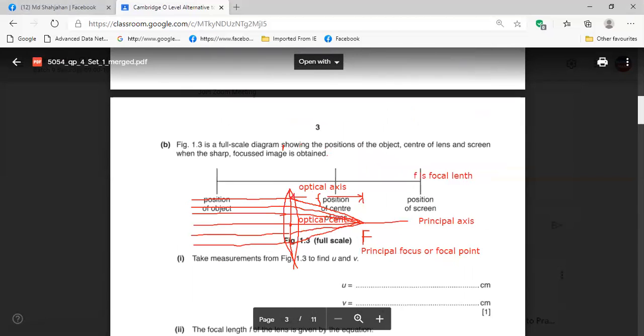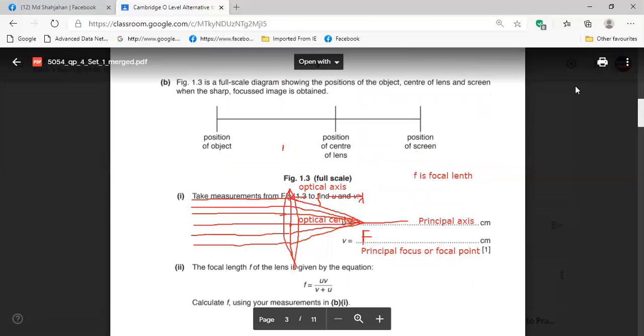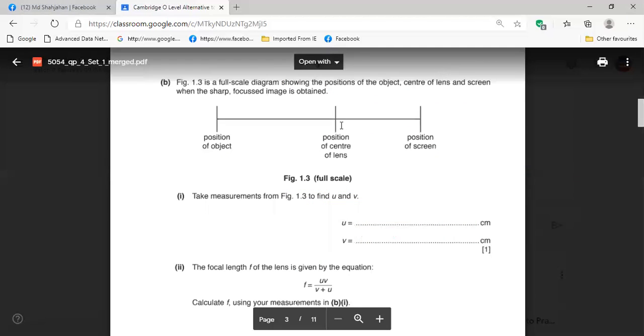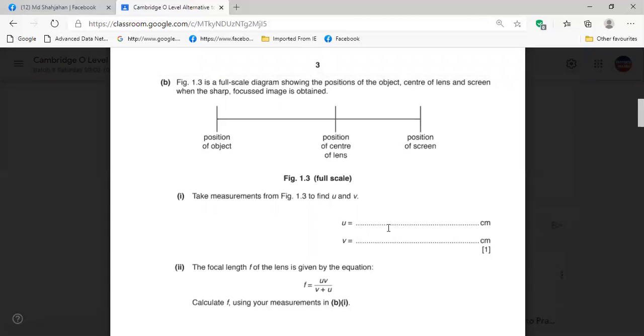Now we are going to the next part. This part is very easy, right? You have to just get the lengths. So what did you get? U is 6 centimeter and V is 4.3 centimeter. Okay, then Tamjid, you got the same?